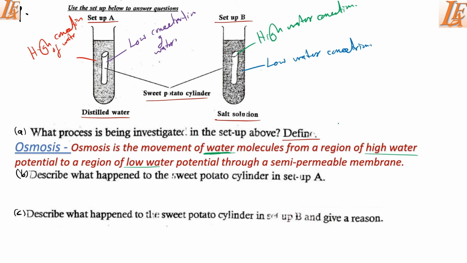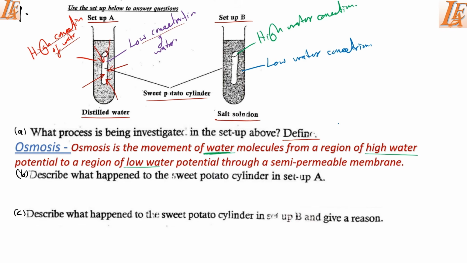Then the second question, describe what happens to the sweet potato cylinder in setup A. In setup A, as you can see, we have a high concentration of water inside the solution, and we have a low concentration of water inside the potato cylinder. And we have said osmosis is the movement of particles from a region of high water concentration to a region of low water concentration. Therefore, the water molecules will move from the water into the sweet potato cylinder.